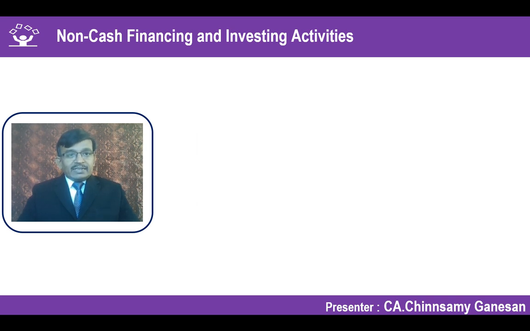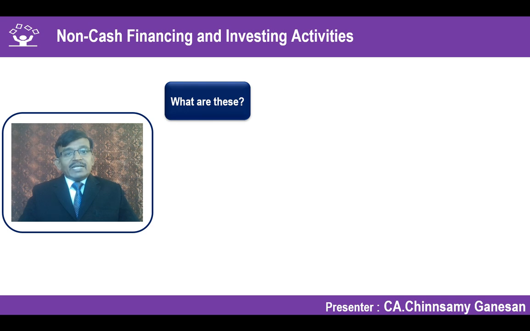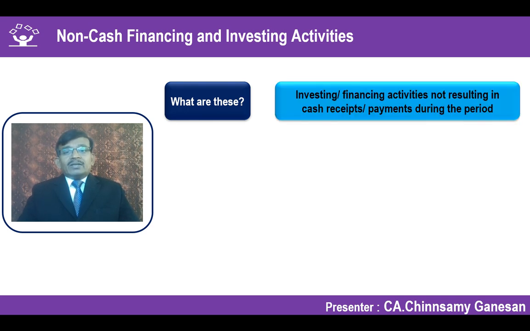As I have already said, if there are some non-cash financing or investing activities, what does it mean? Transactions are happening, investing or financing transactions, but they are not resulting in cash receipts or payments during the period. What could be the possibilities?